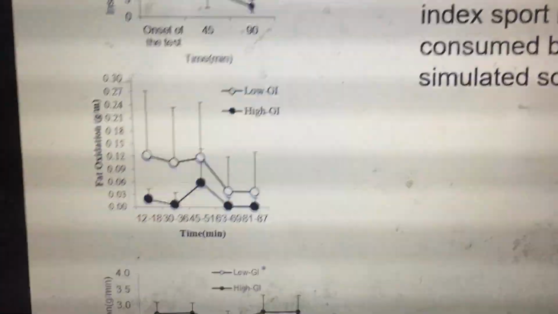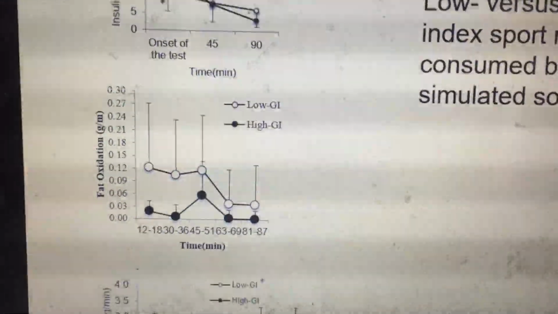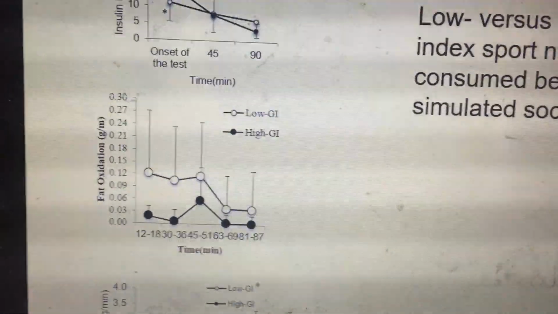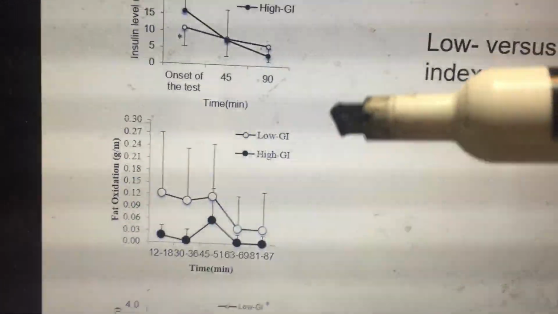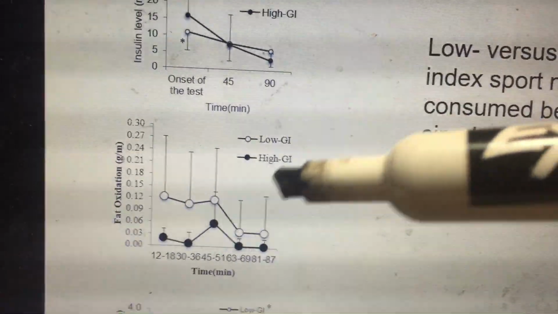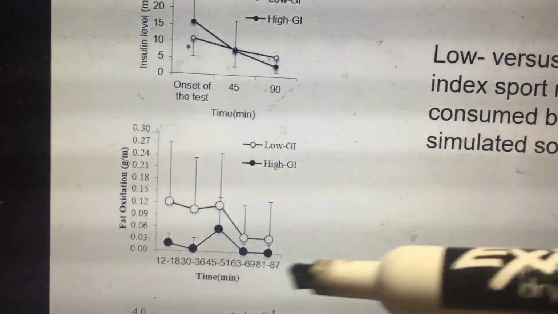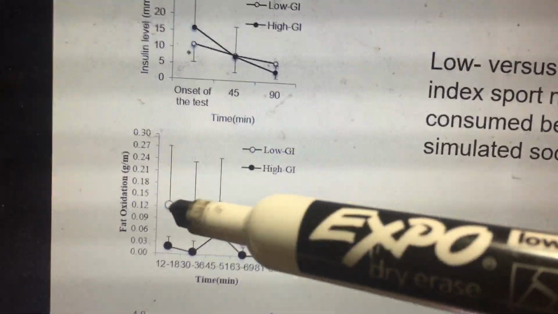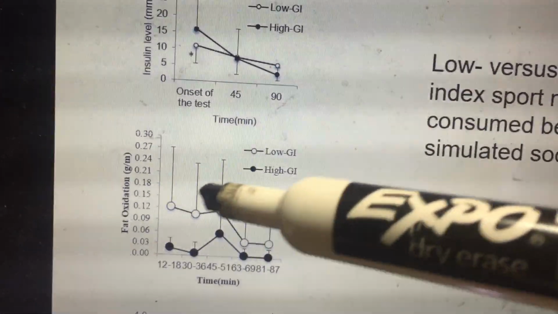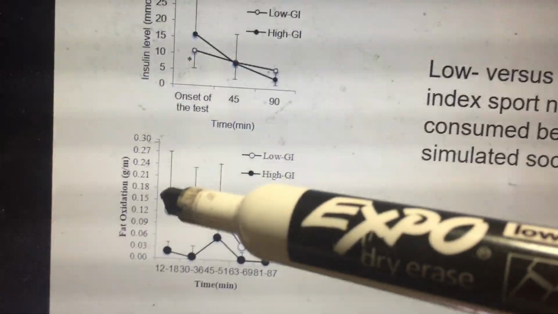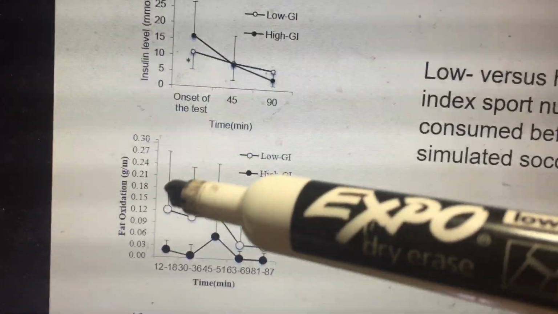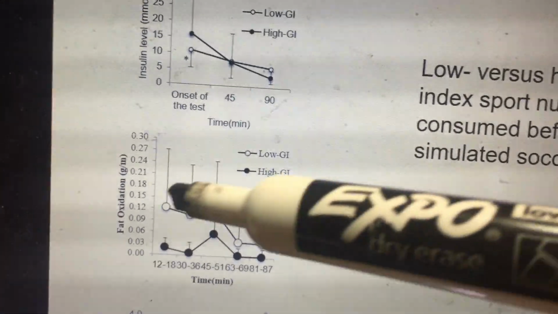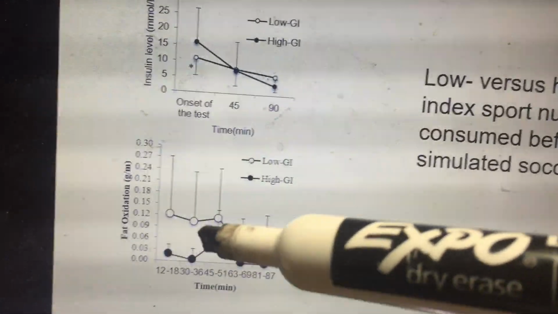On this next graph, you can see the fat oxidation values for the low glycemic index and high glycemic index conditions. Again, on the bottom, this is time during a simulated soccer match. Throughout the match, you can see that if the low glycemic index bar was eaten before the soccer match, it resulted in a higher fat oxidation during the match compared to consuming a high glycemic index bar.